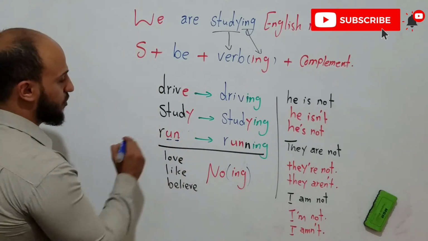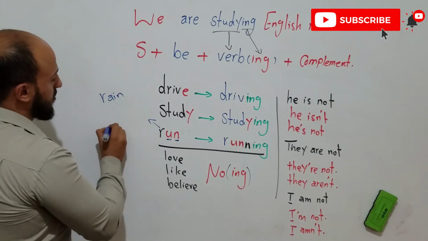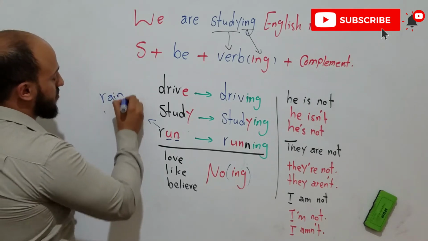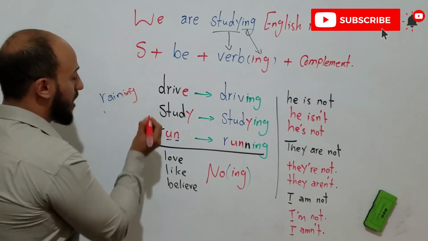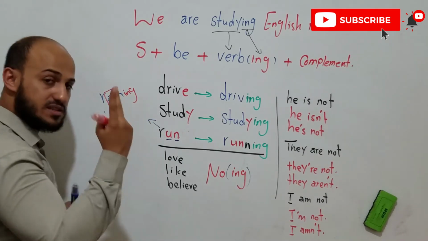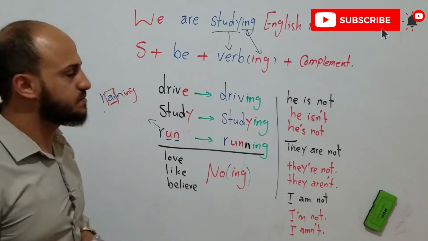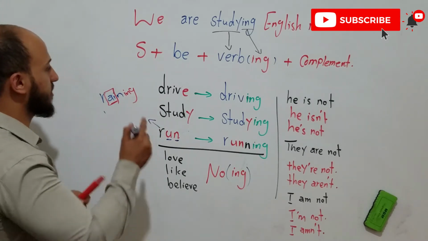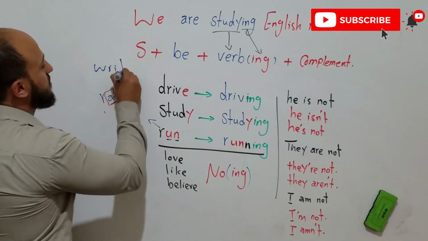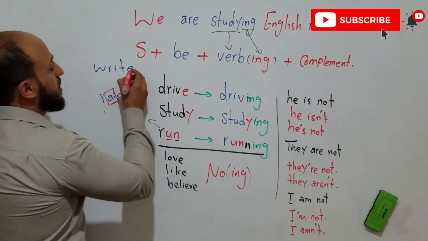Remember, if you have, for example, the word rain, you will write it raining. Why? Because you have two vowels, not one. Good. Another one about the E and about the doubling. For example, if I give you "write", many students are going to wonder what to do.